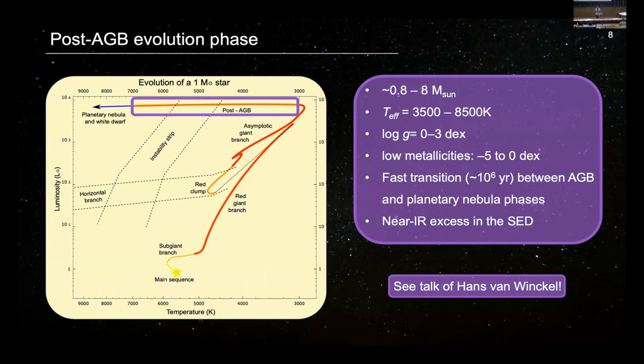It is a low to intermediate mass star in fast transition between the asymptotic giant branch and planetary nebula phases. Post-AGB stars also have low surface gravity and metallicity, as well as significant near-infrared excess in the spectral energy distribution. This excess is attributed to the presence of dust around the star due to stellar winds, for both single and binary systems.